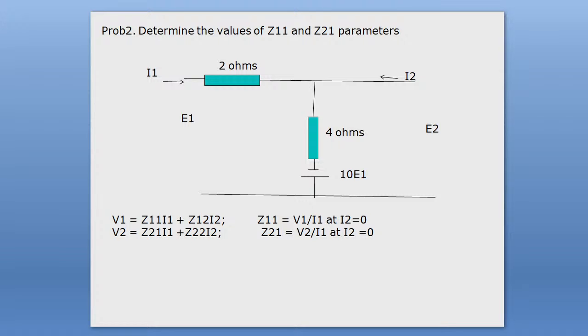Now you solve it. I will tell you the answer. First you try yourself. Everyone try to solve this problem. For any problem associated with a two-port network, you first write the expression of the desired parameters.